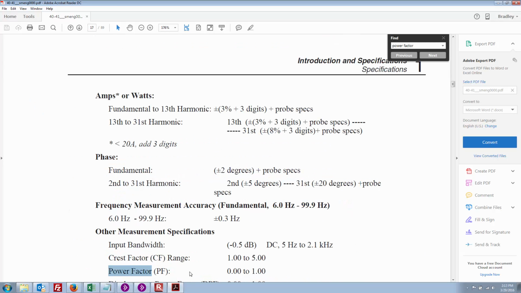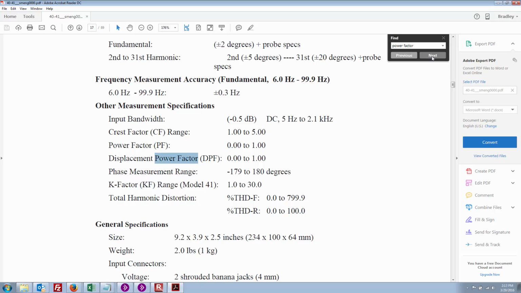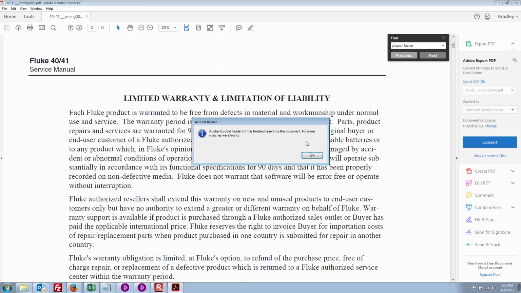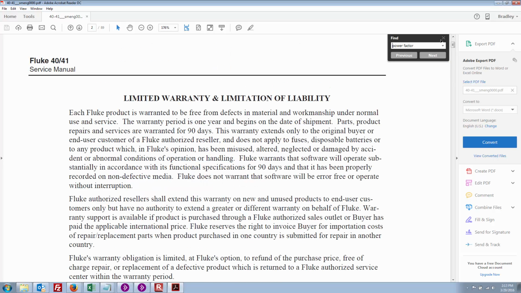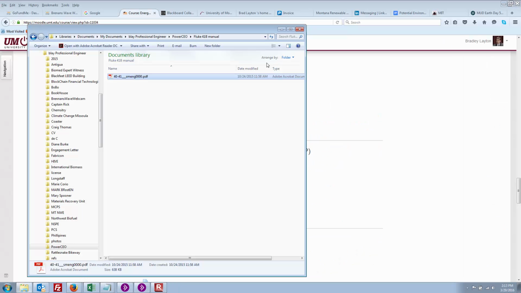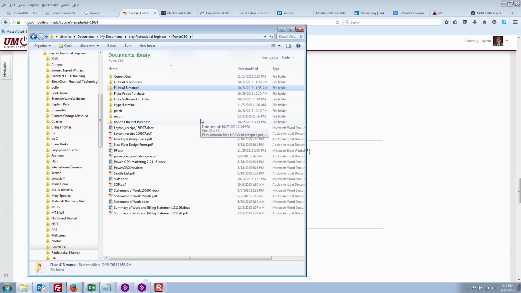Okay, so the first thing to know about it, it's going to be somewhere between 0 and 1, and it's a well-known electrical power metric.